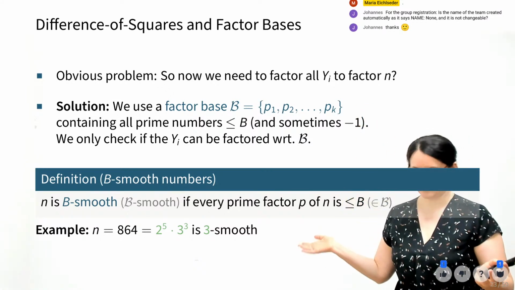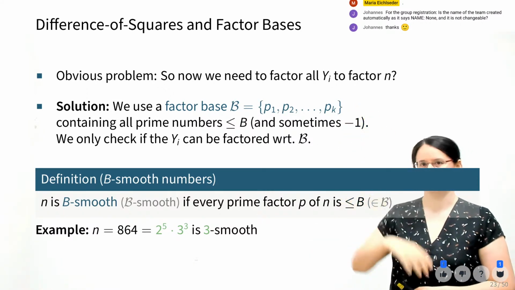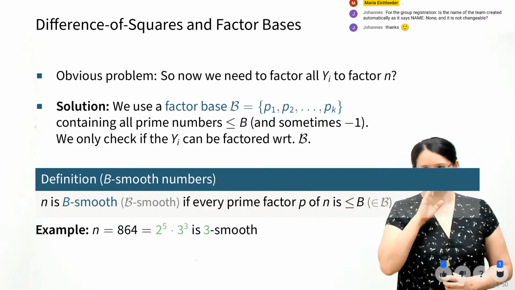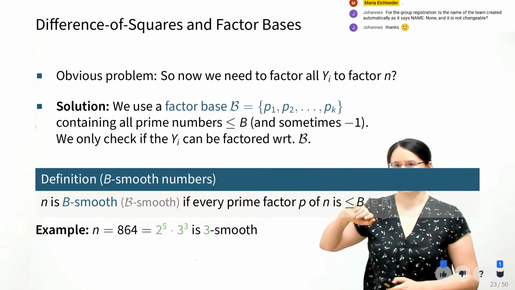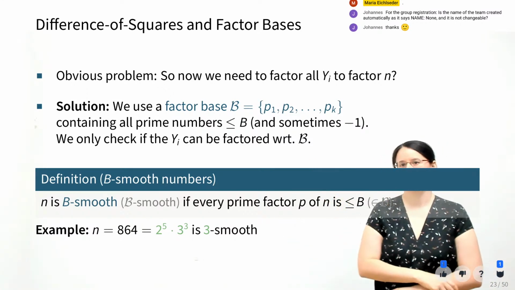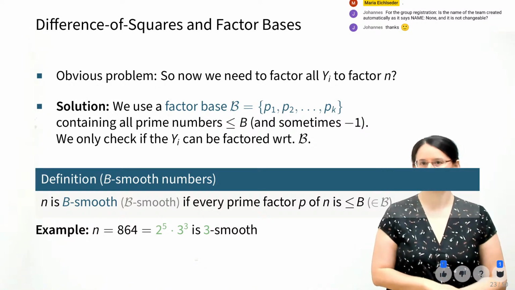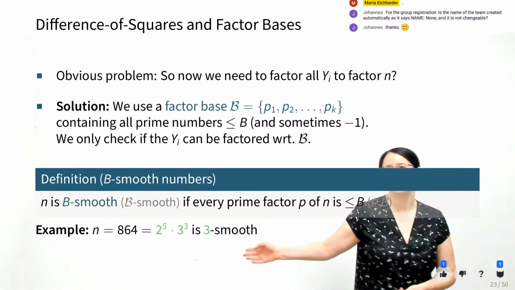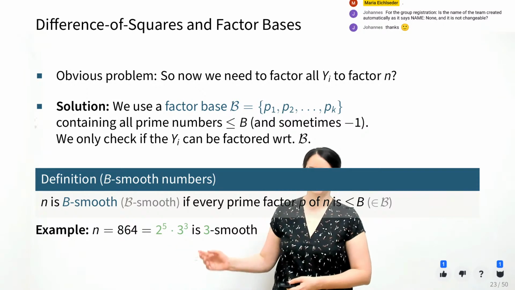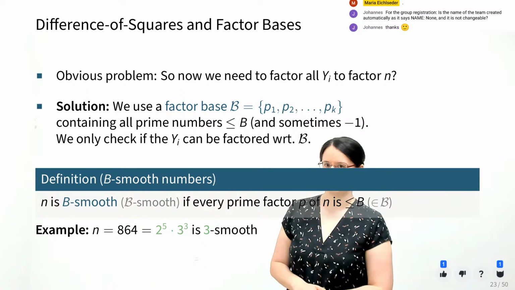And if we now initialize our algorithm, we usually select a reasonably small set of known prime numbers, which are all not too big. And then for all of the y's that we encounter, we check whether it's factorizable using only these prime factors. And this can be done reasonably efficiently. So as an example, 864 is a reasonably large number, but it's very, very smooth. It's 3-smooth, because 3 is actually its largest prime factor.